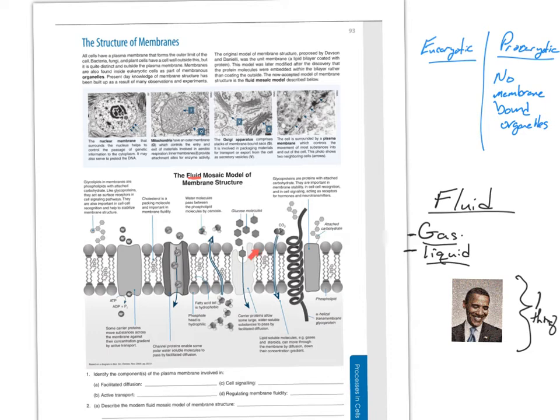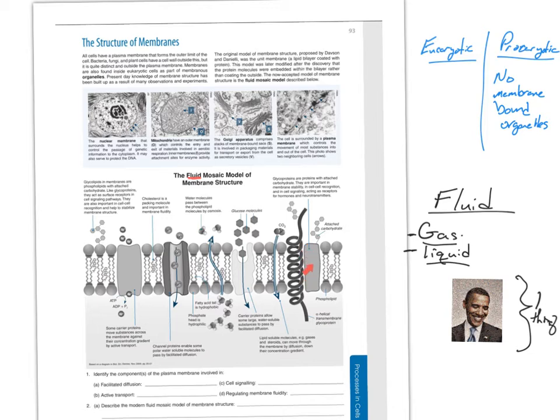Even though it's made of phospholipids and carrier proteins and channel proteins and cholesterol and these things called glycolipids, and glyco means sugar, sugar lipids and sugar proteins, these glycoproteins, that is why we call it a mosaic, because it's made of all these different components, but is actually one structure.